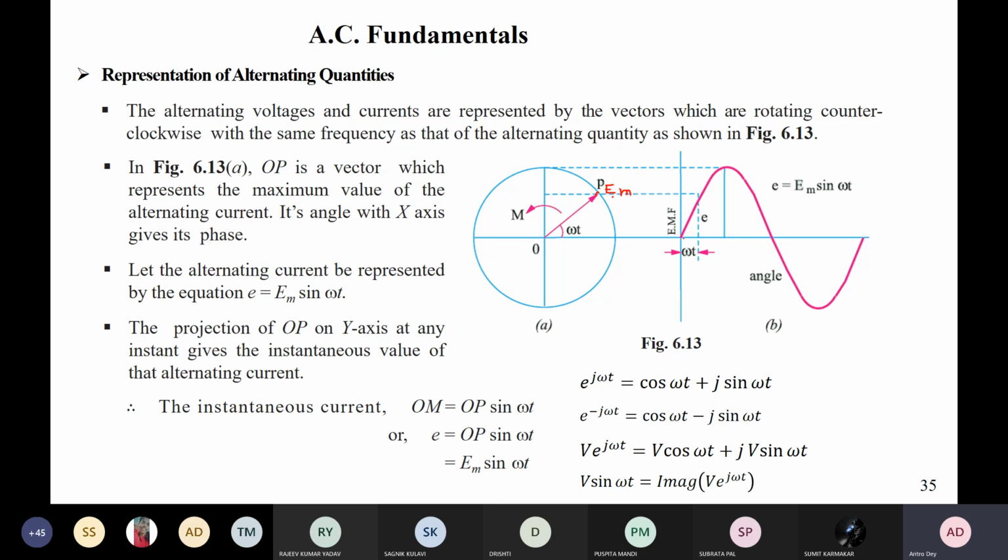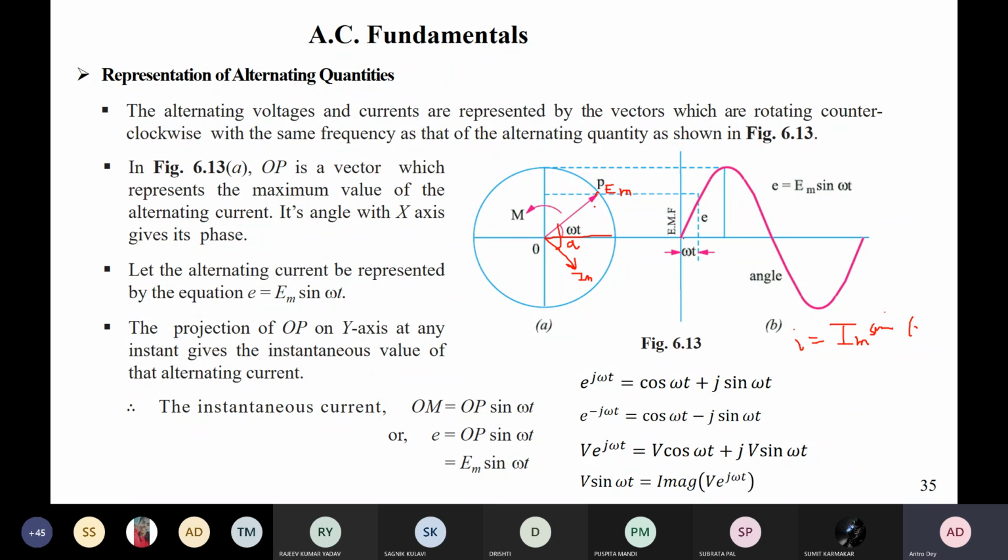The length indicates the peak value of the waveform. If we have EM like this and the current is somewhere here, which is IM, and this angle is equal to alpha, then we can write i as IM sine omega t minus alpha, because there is a phase lag between the voltage and the current.